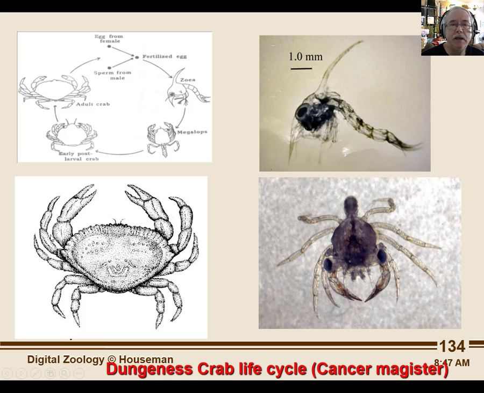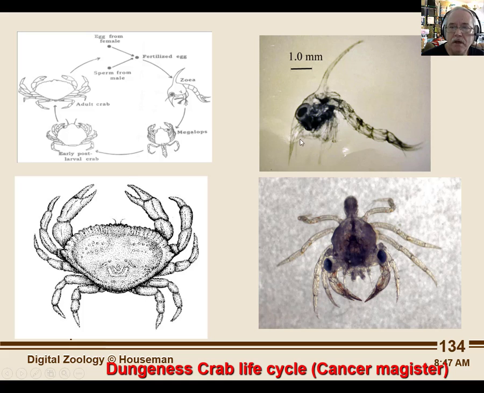In contrast, a crab life cycle, such as the Dungeness crab we find around here, here's the adult. The adults release sperm, male, or eggs, female. Fertilized eggs then develop into a zoea larva, shown here in the upper right figure. Note the big spine on its helmet, primarily to keep it from being eaten by predators.